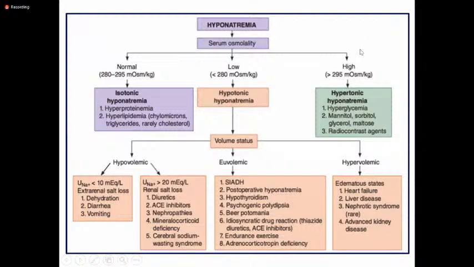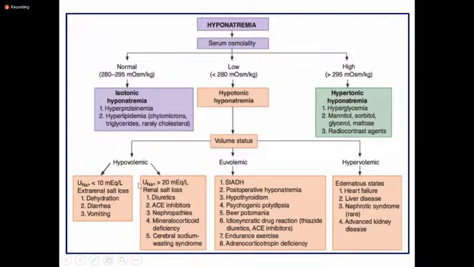So looking at this diagram will help us look at the different causes of hyponatremia, as well as how to classify your patient, as we talked of the different criteria that you can use to classify hyponatremia. From this diagram, you will appreciate that we can classify the patient based on their volume status or their serum osmolality as shown.